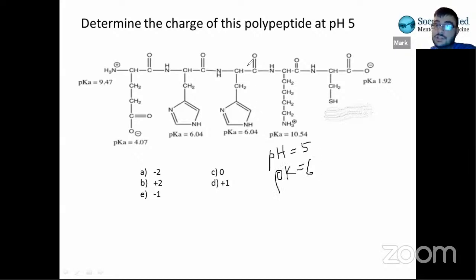That means the pH is lower than the pKa, so the molecule is protonated. This is the deprotonated form. The protonated form looks like this, and the plus is on the end. Because the pH is less than the pKa, it's in the protonated form, so it's actually positive. Does that make sense?